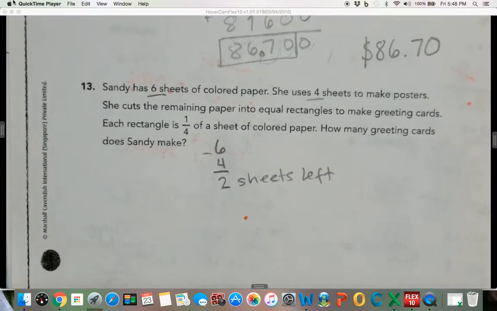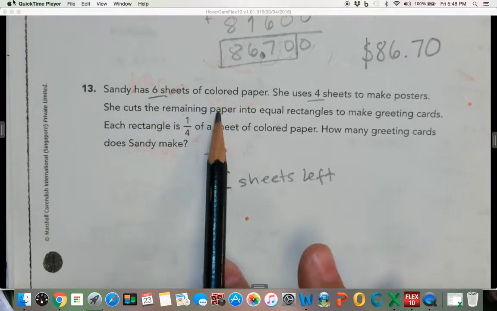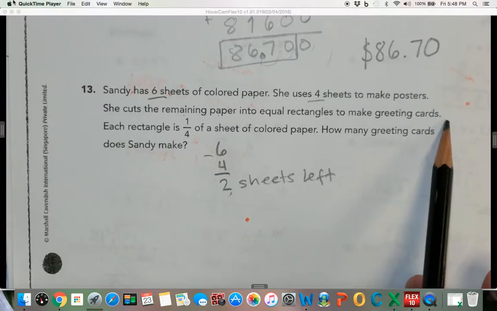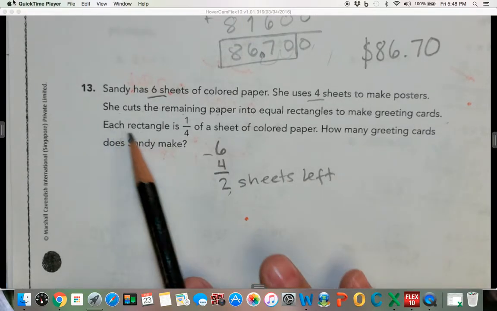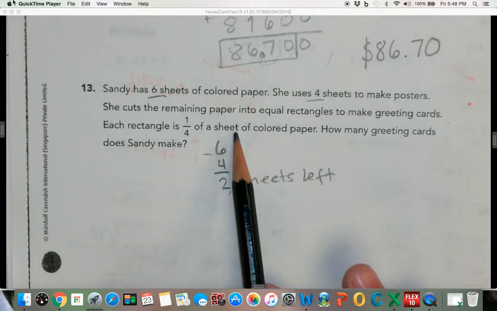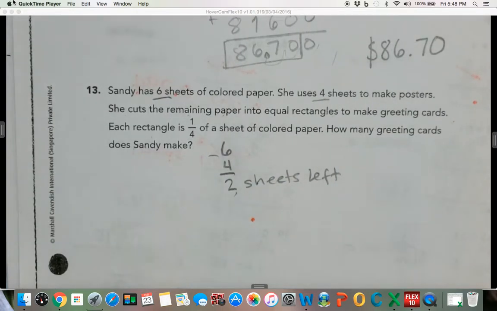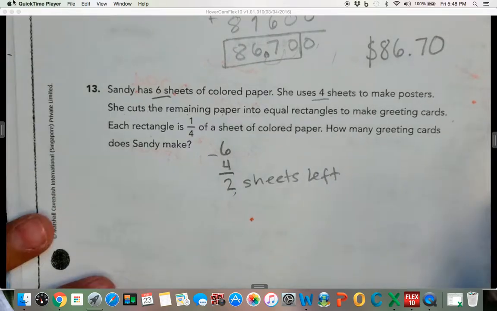Let's continue to read the problem. She cuts the remaining paper, which is 2 sheets, into equal rectangles to make greeting cards. Each rectangle is 1/4 of a sheet of colored paper. How many greeting cards does Sandy make? Here's my picture.